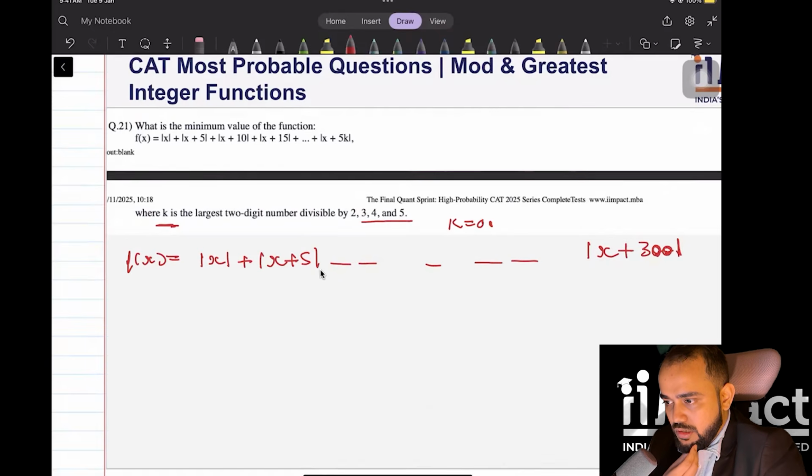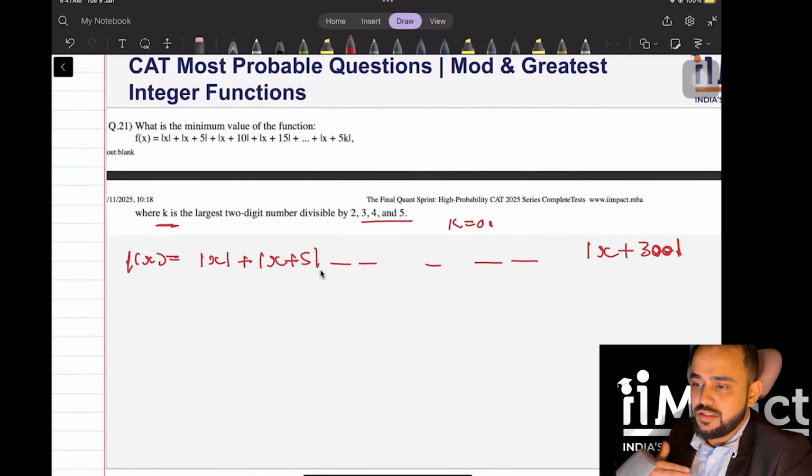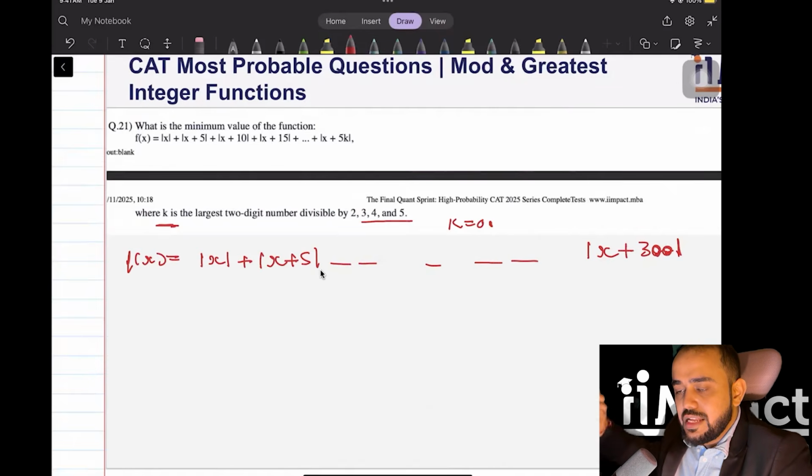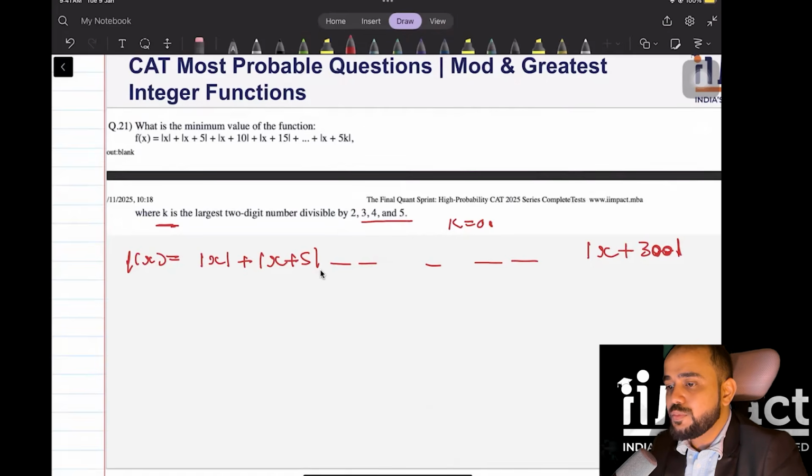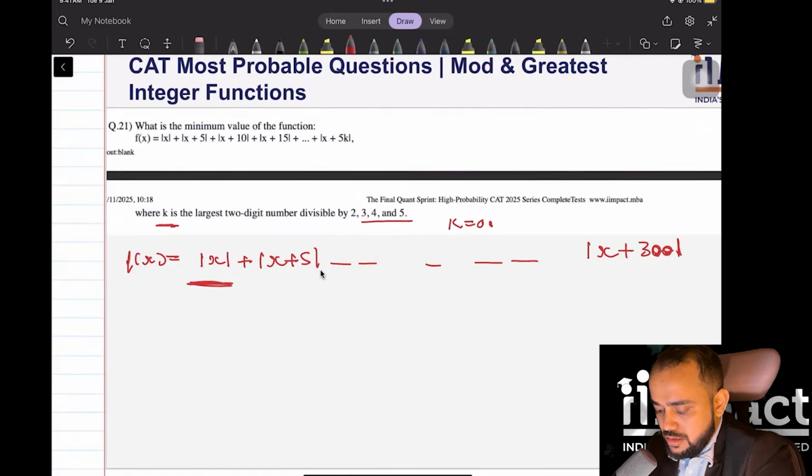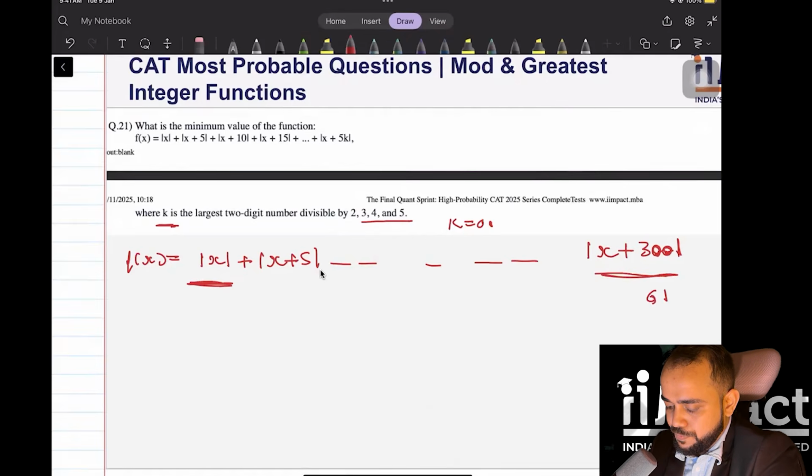Each mod term is separated from the next by a distance of 5. The points from which the distances are being added are spaced equally, which means that this is going to be a symmetrical function, which means that the minimum will occur at the central term. This is term number 1. This is term number 61.